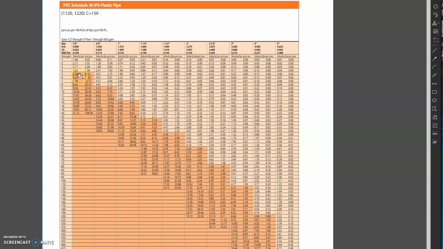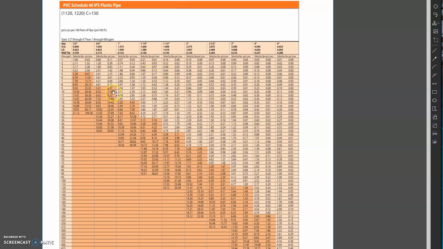So they have nicely come up with this chart where anything over 5 feet per second, which we do not want to exceed, is shaded in a darker orange color, and anything less than 5 feet per second is shaded in the lighter orange color.